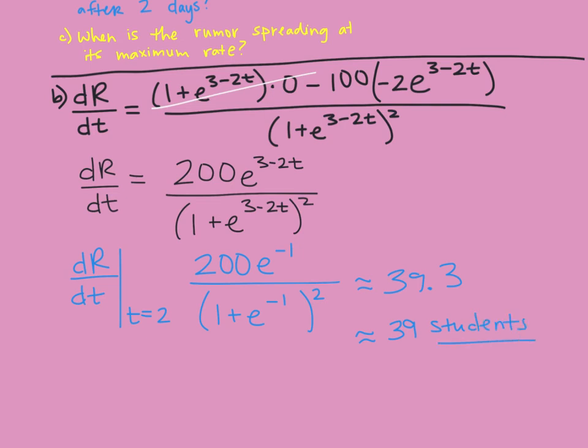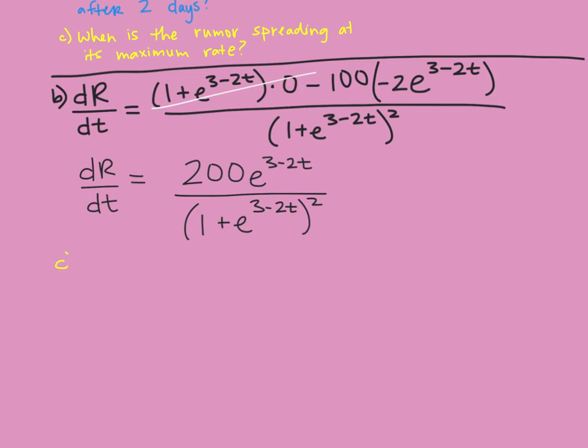Students hear the rumor per day. dr dt is that rate. That's why I like writing it like this, because it's how r changes with respect to time. So r represents how many students heard the rumor, and t is in days. So it's 39 students per day, and that is how fast the rumor's spreading after 2 days.